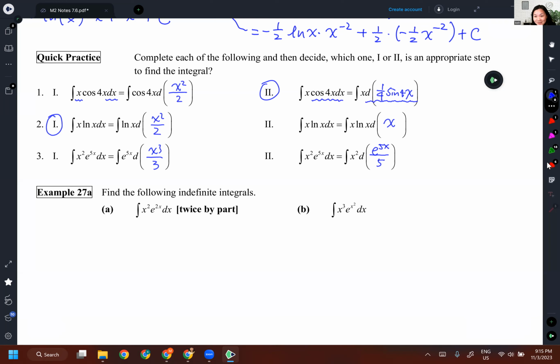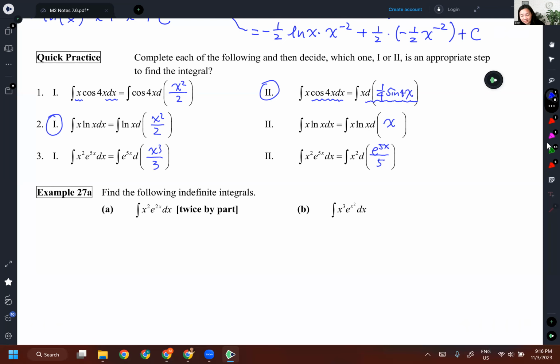Which one should I use for this to work out? 1 or 2? Sophie. Sorry, Miss Chen, I don't really know. You don't really know. It's fine.